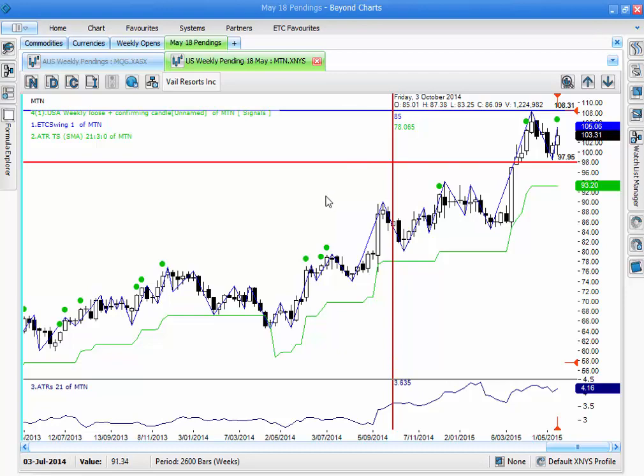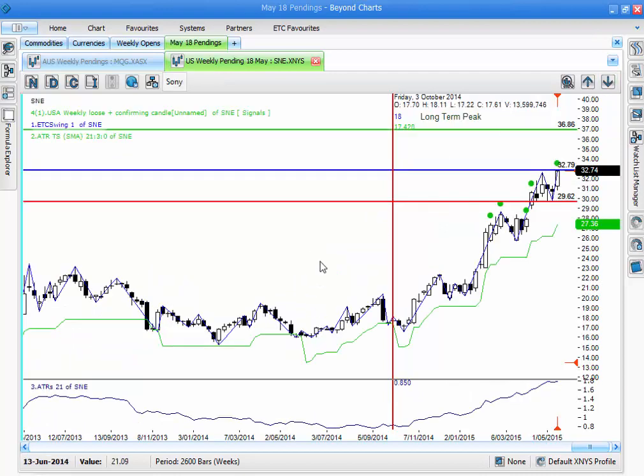I've saved these as an analysis so that every time I come back and check these particular trades, it has all these notes, etc., the lines already on the chart. So if you don't know how to create an analysis, again, get in touch with us and we'll point you in the right direction so that each time you type in the stock code, it's got all the material on the chart that you want. So that's MTN Vail Resorts.